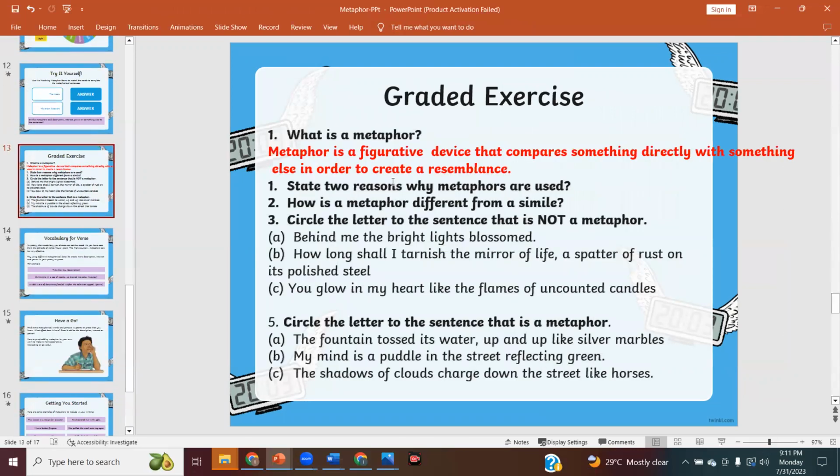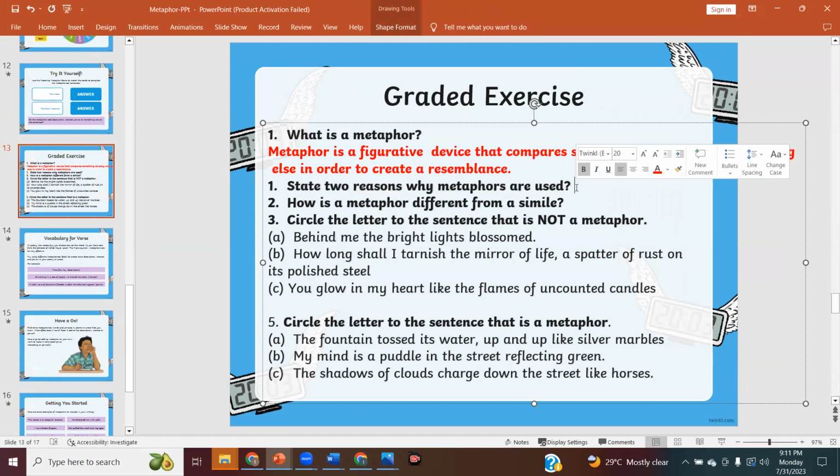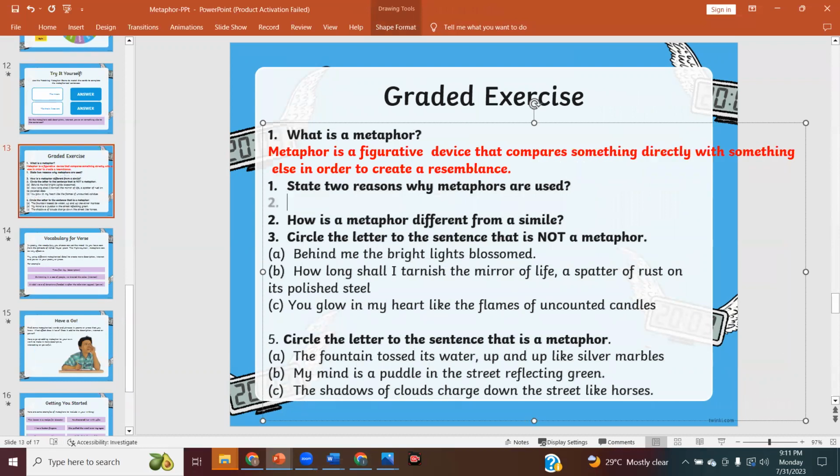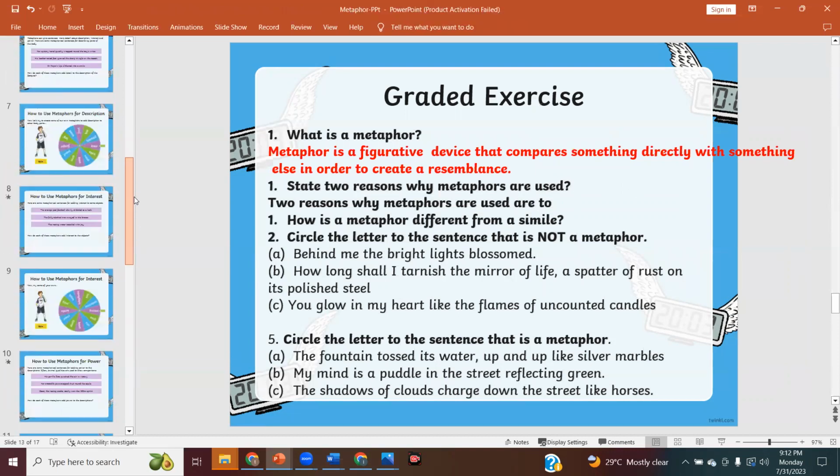Say two reasons why metaphors are used. Why do we use metaphors?